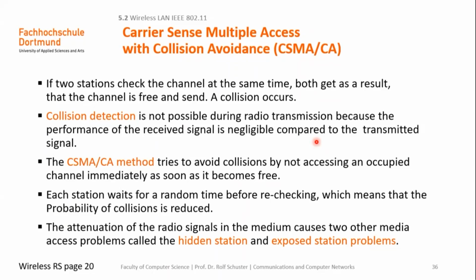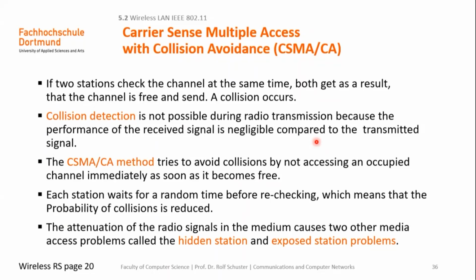And then if two stations check the channel at the same time, both get as a result that the channel is free and send, a collision occurs. That is, if two stations then transmit at the same time, a collision occurs.